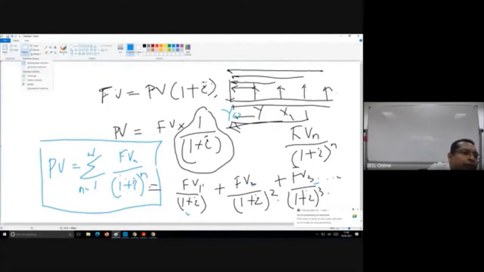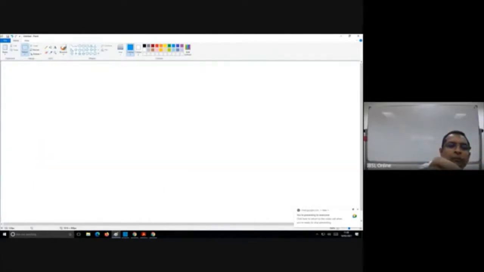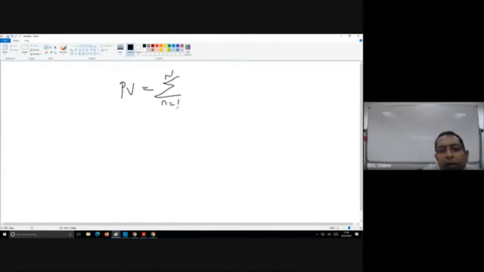That means our formula would be present value equals sigma, simple, n equals 1 to capital N, future value n divided by 1 plus I to the power n, right?